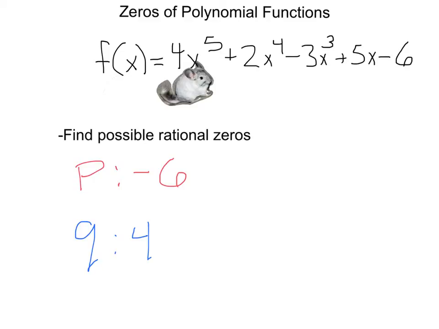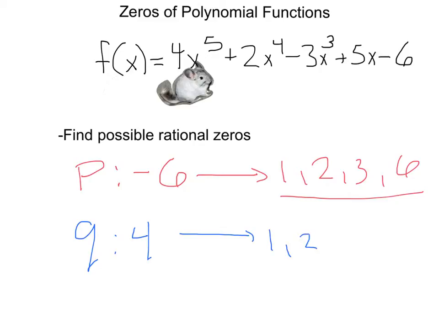After you've written what your p and q are, what you want to do is list the factors of each of these. So here I have -6. My factors of -6 are going to be 1, because 1 times 6 is 6, 2, 3, and 6. All of these are numbers that multiply into 6. My factors of 4 are going to be 1, 2, and 4.